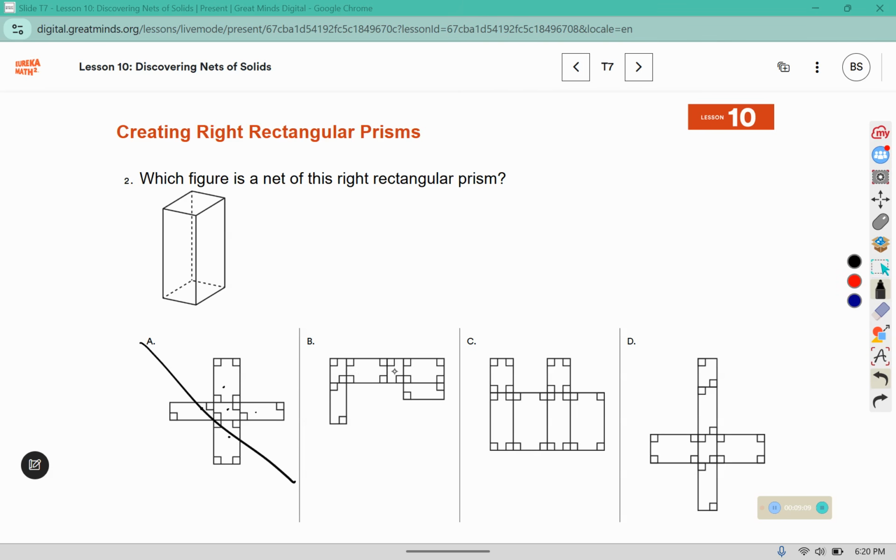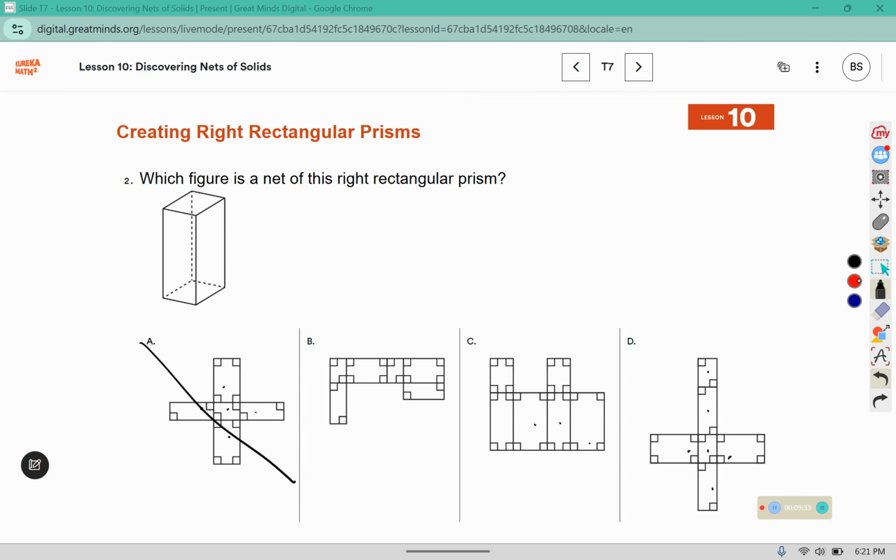If we were to cut out figure B and fold it up, would it create a net of this figure? Well, we have 1, 2, 3, 4, 5, 6 faces, so there's the correct number of faces. This one also has 6, and this one also has 6.